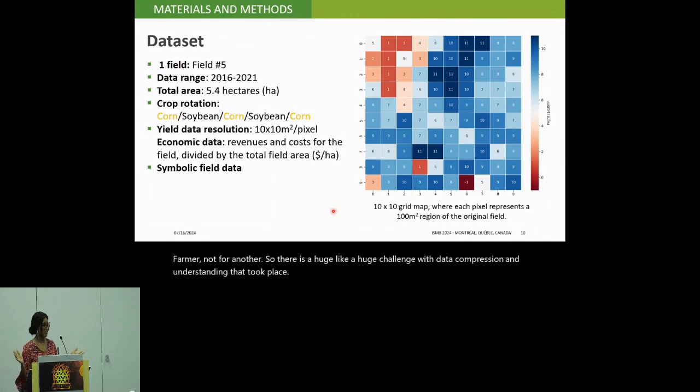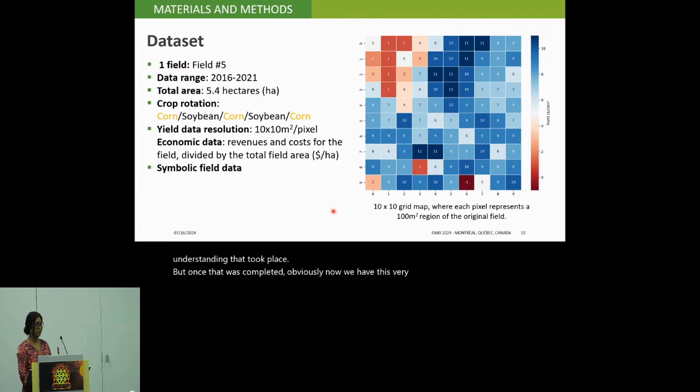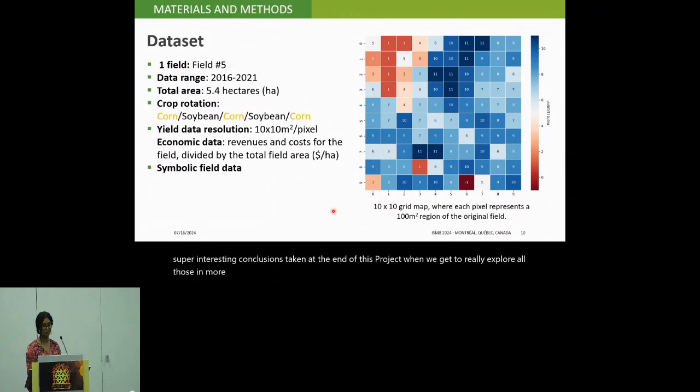But once that was completed, obviously now we have this very unique, very spatially diverse data set with a huge temporal range as well. So I think that there will be super interesting conclusions taken at the end of this project when we get to really explore all those in more detail. You're welcome.